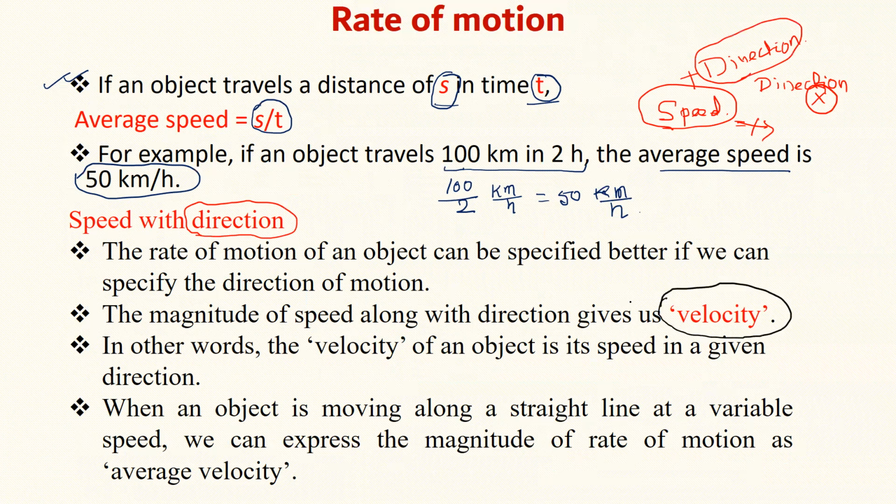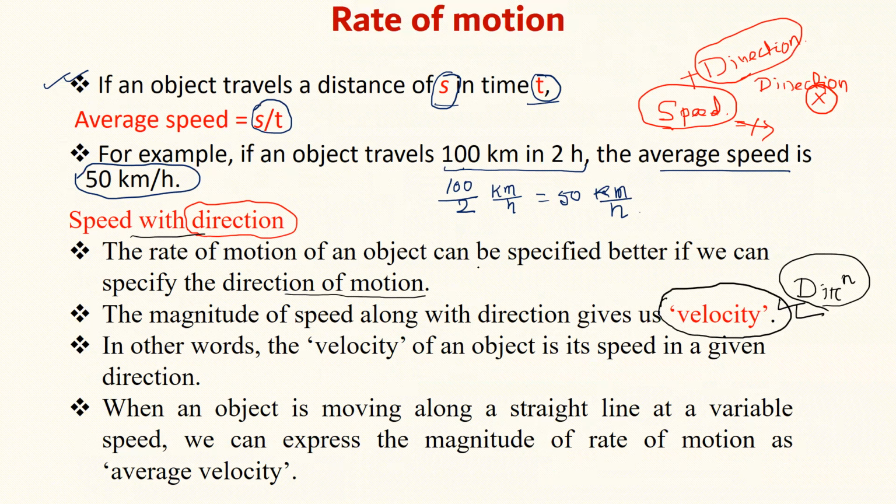You might have heard people talking informally about speed and velocity, but remember, speed does not have a fixed direction. But when we are talking about velocity, it has a definite direction. So, speed with direction. The rate of motion of an object can be specified better if we can specify the direction of motion.